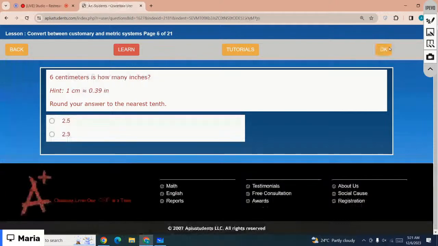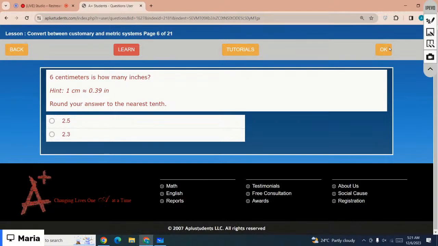Okay, 6 centimeters equals how many inches? Which is the correct option? 2.3.